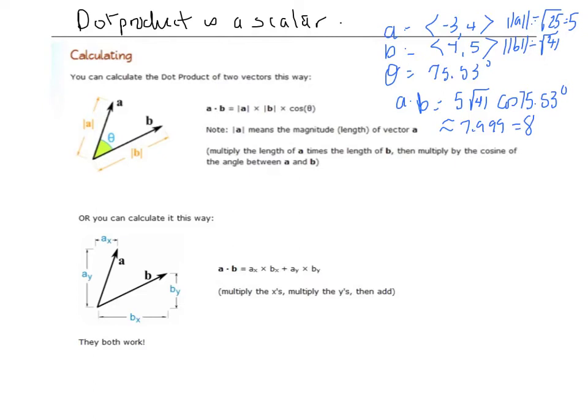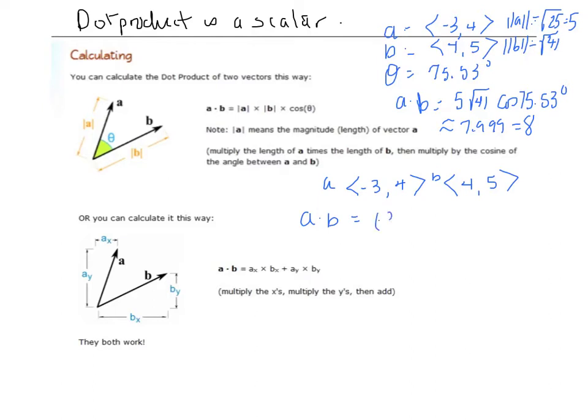Or the other way to do that is to simply take the dot product of the component vectors. So if we have the same vectors, negative 3, 4 and 4, 5, this is A and this is B. To find the dot product, you take the x's and multiply them together.